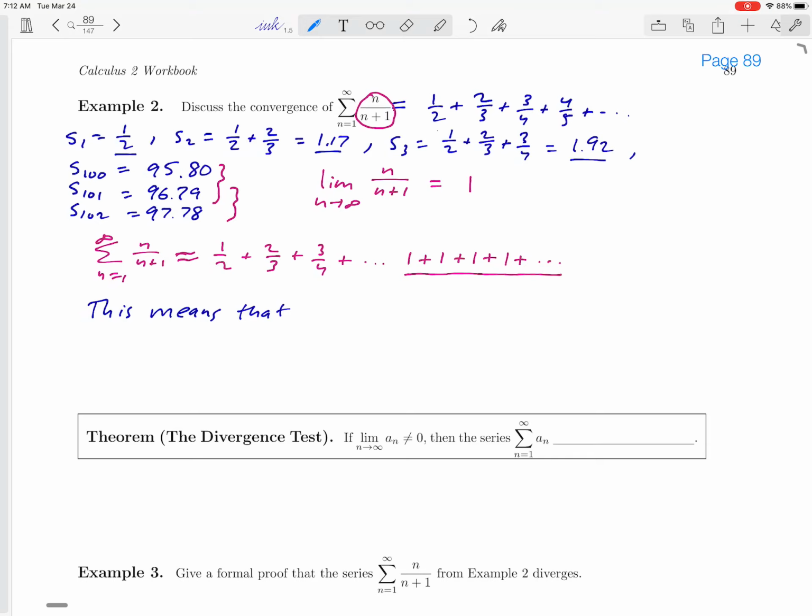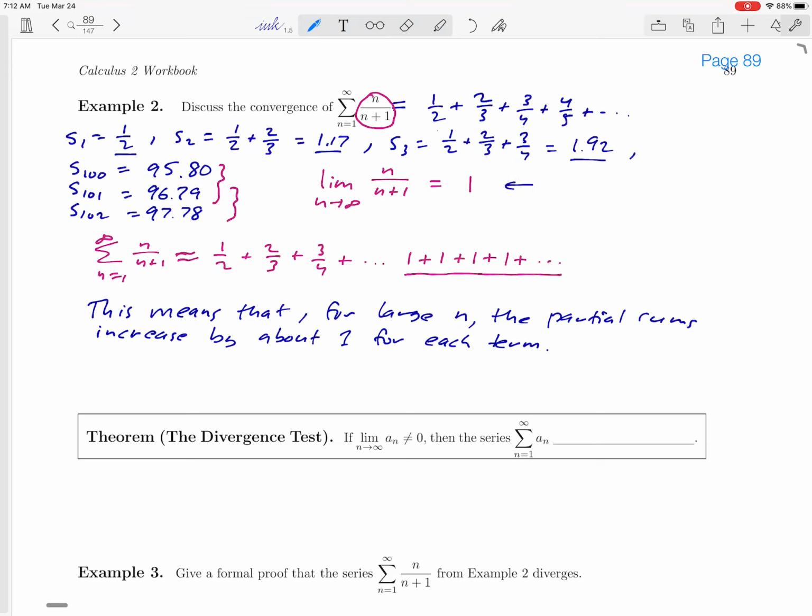Okay, so just summarizing and pulling all of these observations together, this means that for large n, the partial sums increase by about 1. That's just restating this limit that we calculated above.